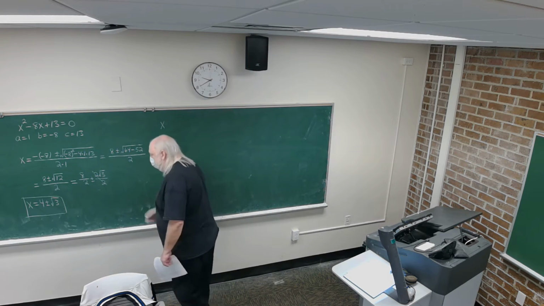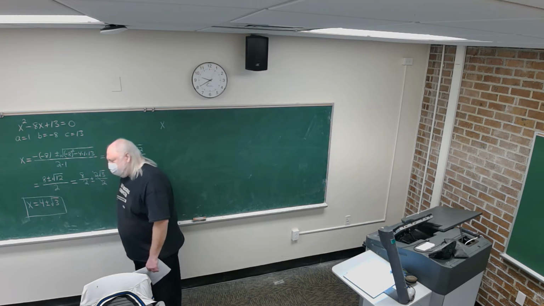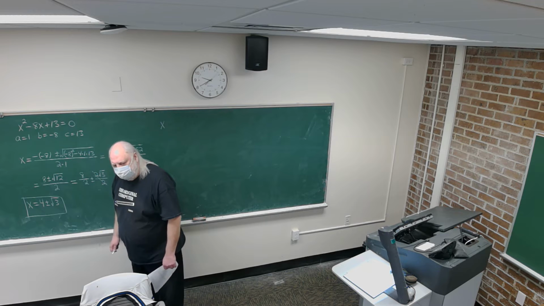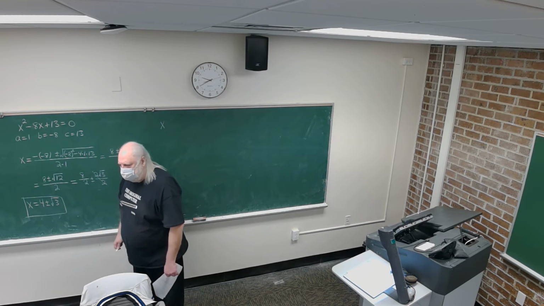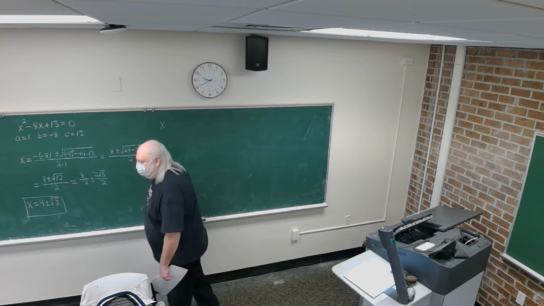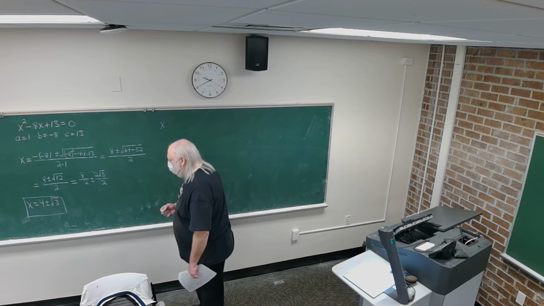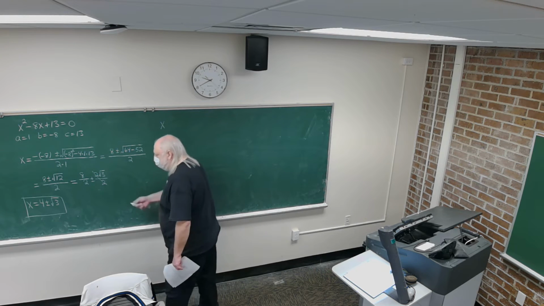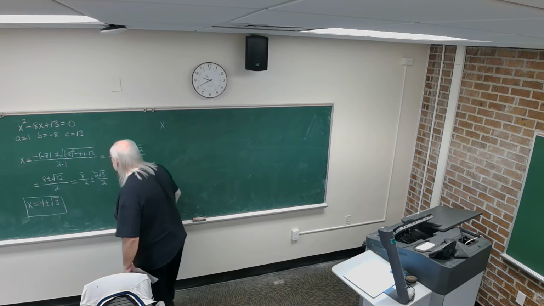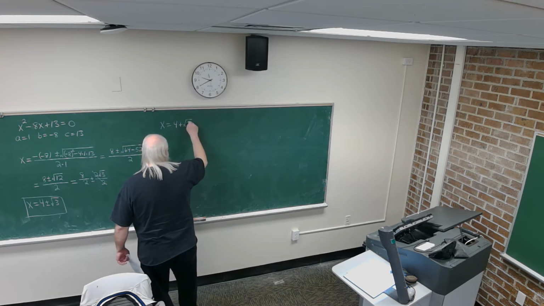In WebAssign, I can't remember, you may have to break them up and write them both out, because I don't think there's a plus and minus symbol in WebAssign, but there might be. For the two solutions, you use the plus sign first. So the first solution is 4 plus the square root of 3.